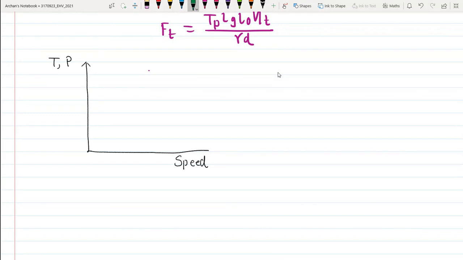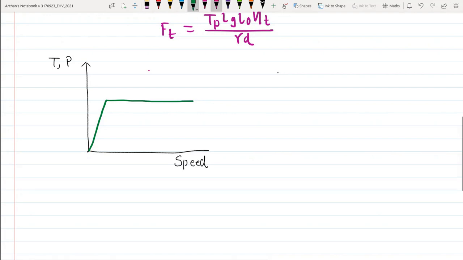Let me draw it. We start from 0, in no time we reach somewhere over here, and then when speed increases, my power remains constant. This is the ideal characteristic of power.